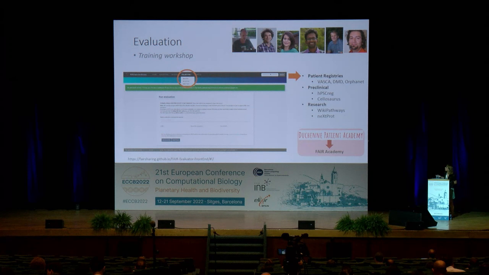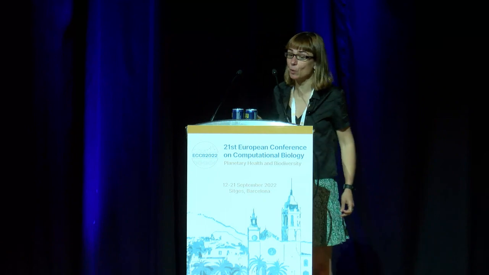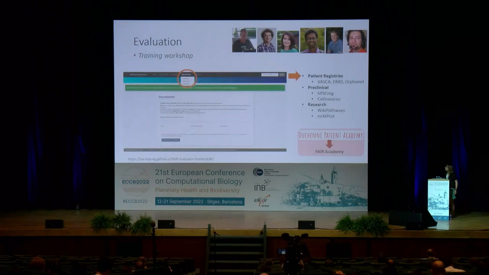So we implemented the metrics in the FAIR evaluation services, but we also registered all as a collection called ELIXIR Rare Disease something, I don't remember now, but you can go to the collections part of the framework, select run a test, and select the type of test that you want to run, either a global one or this ELIXIR rare disease-specific one. And you put your input, your URI input.